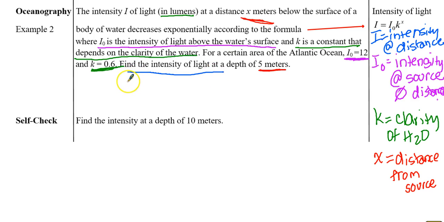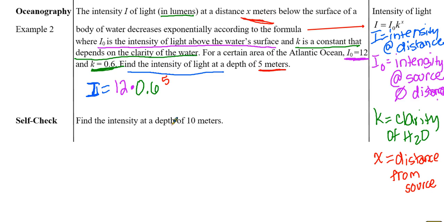All right. We're going to take the equation and plug it in. So we have I, the intensity at 5 meters, is equal to the lumens, which is 12, times the clarity, which in this case is 0.6, raised to the 5th power because that's the distance.